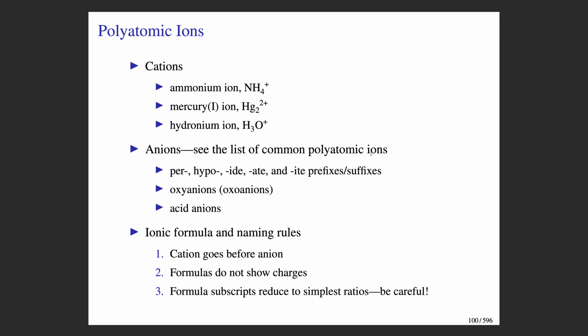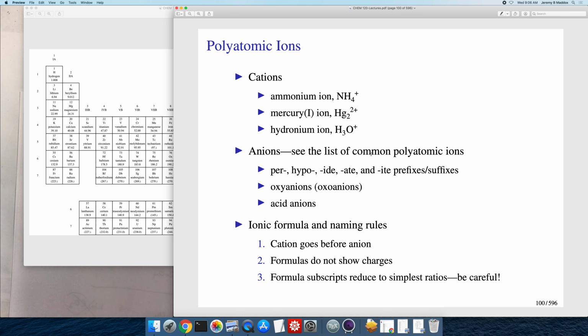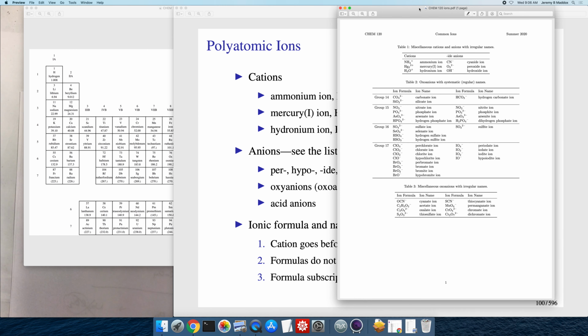These involve various prefixes and suffixes. There's also a family of polyatomic anions called oxyanions or oxoanions. There are also acid anions. So there's a whole bunch that you need to commit to memory. I'm going to pull up that list right now.